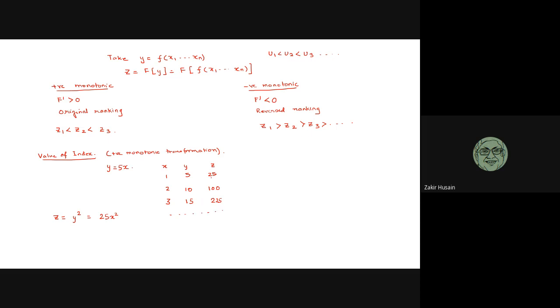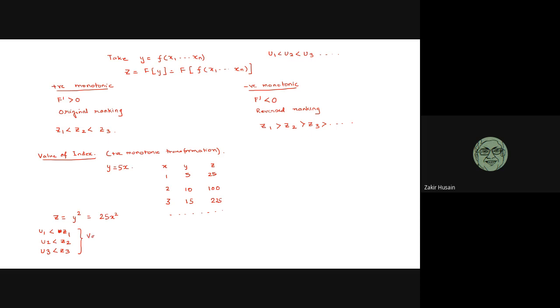Now, if you compare the values of y and z, you will see that u1 is less than z1, u2 is less than z2, u3 is less than z3.